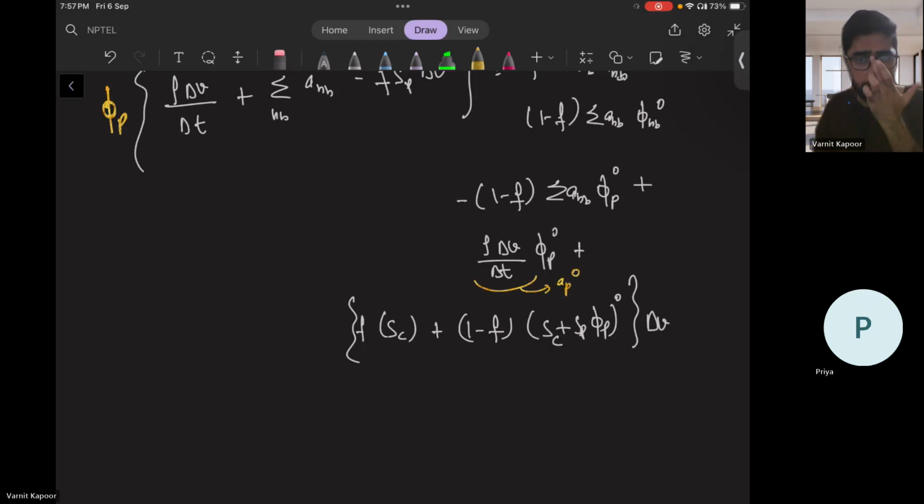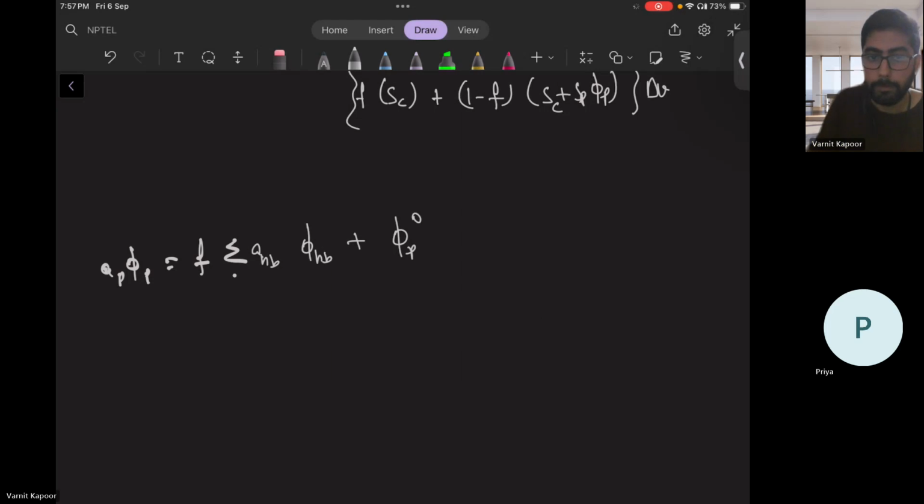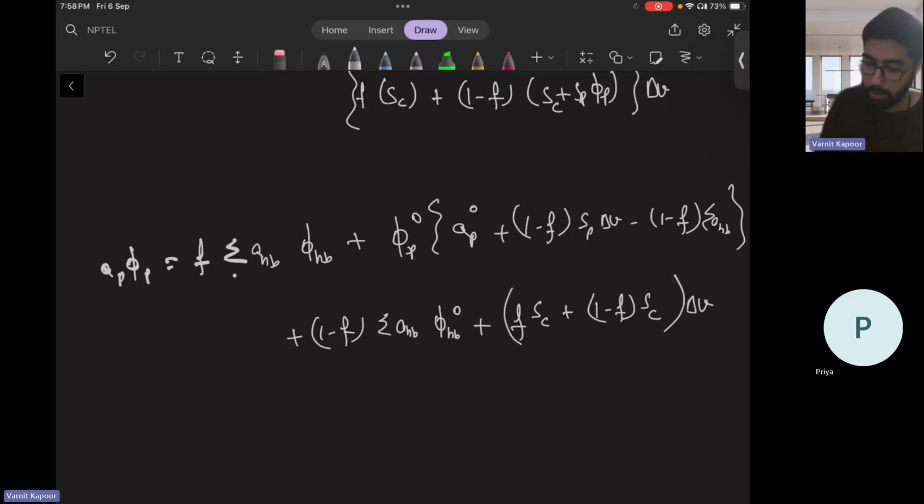Okay. So what can we write now? AP phi p is equal to f of summation of a and b phi and b plus phi p naught, AP naught plus 1 minus f SP del v minus 1 minus f summation of a and b, plus 1 minus f summation of a and b phi and b naught plus f SP plus 1 minus f SP into del v.